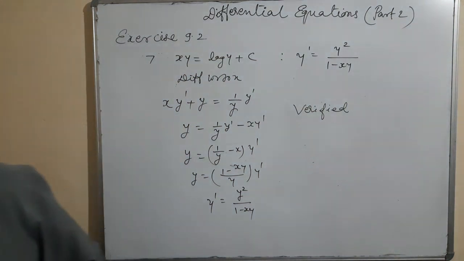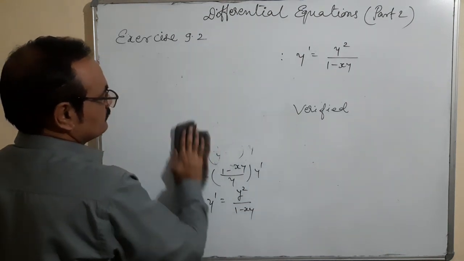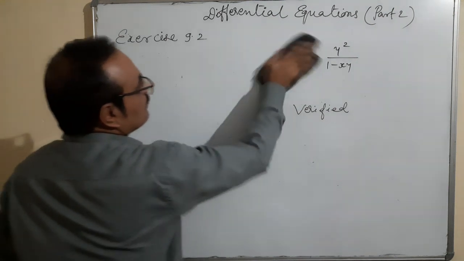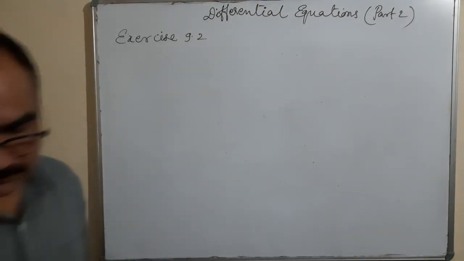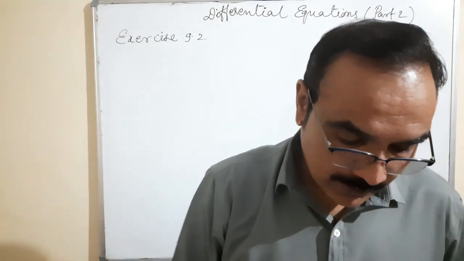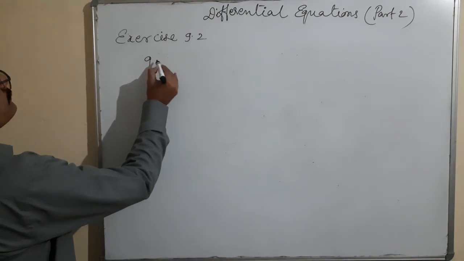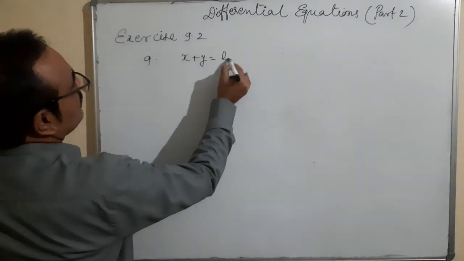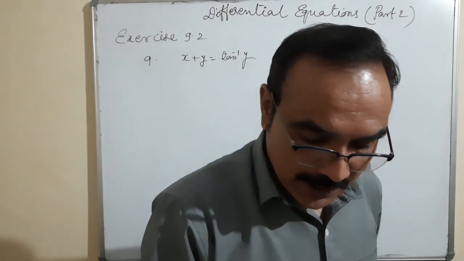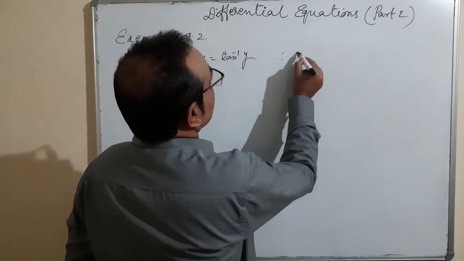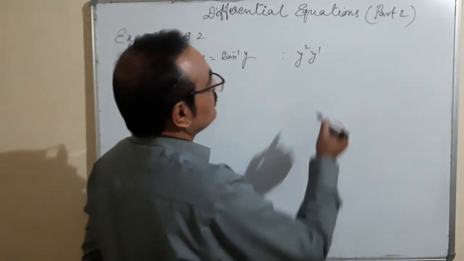So that is question number 7. Now question number 9. x plus y is equal to tan inverse y, such that y square y dash plus y square plus 1 is equal to 0.